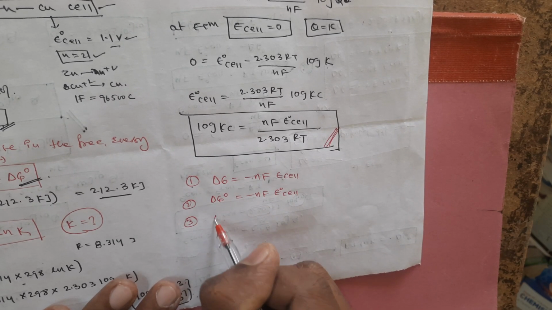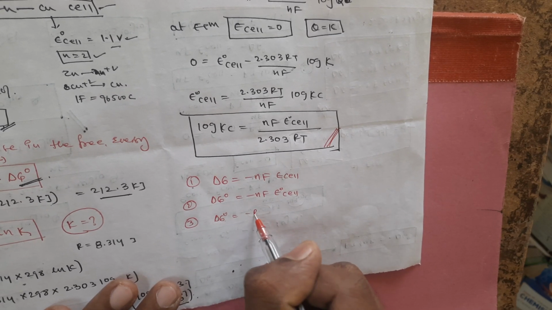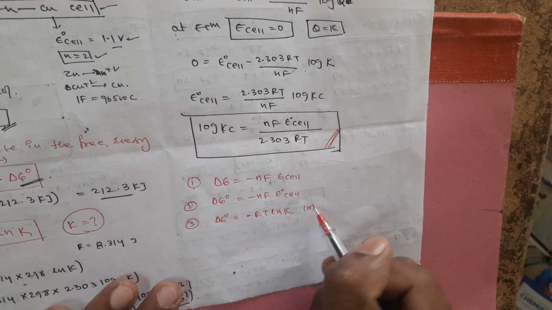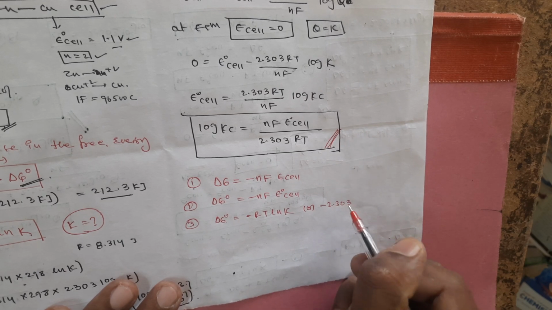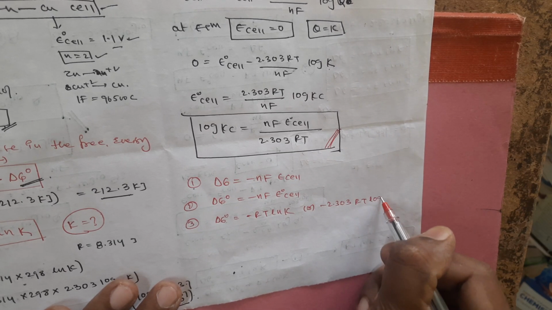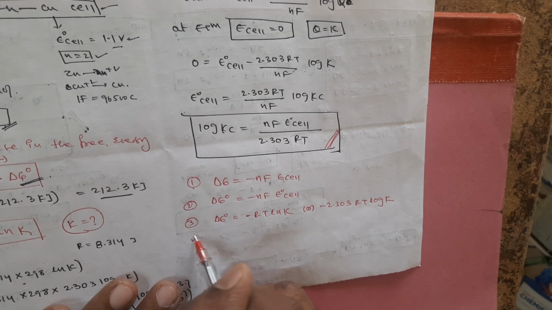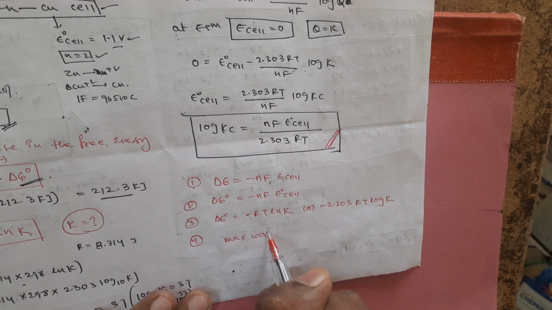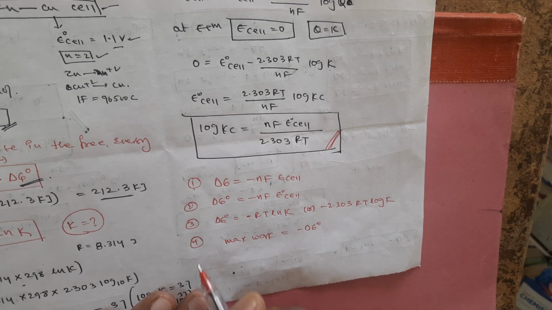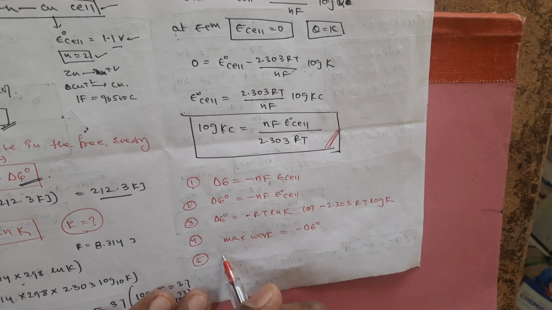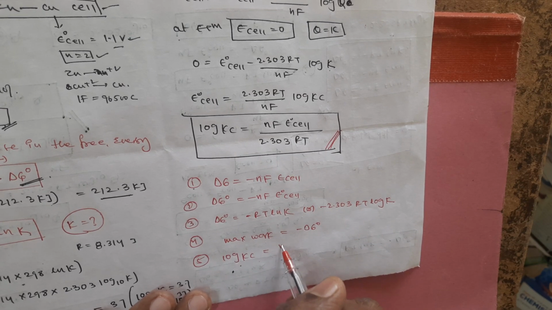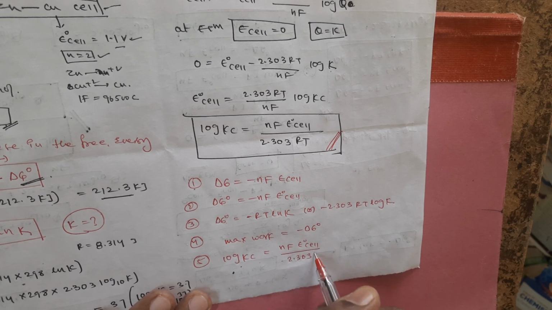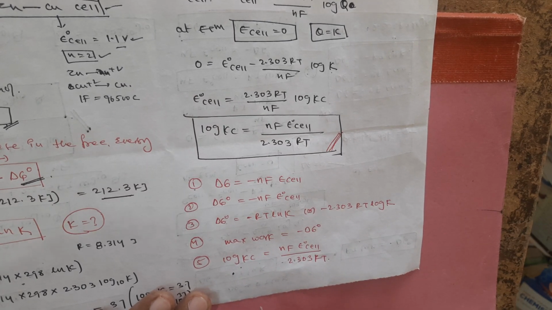The third formula: delta G naught is equal to minus RT ln K, otherwise minus 2.303 RT log K. The fourth formula: maximum work is equal to minus delta G naught. And the fifth: log Kc is equal to NF E naught cell by 2.303 RT.